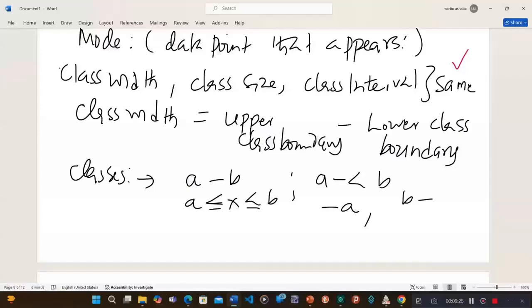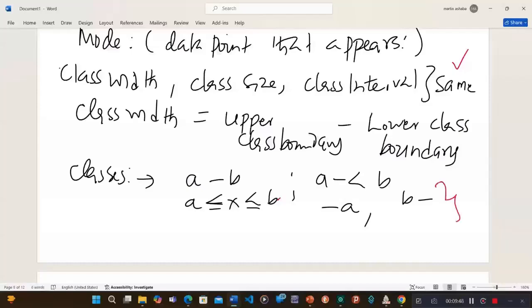If this is A to B, that is one kind of class. A less than or equal to X less than or equal to B is another type of class. All these are different classes.